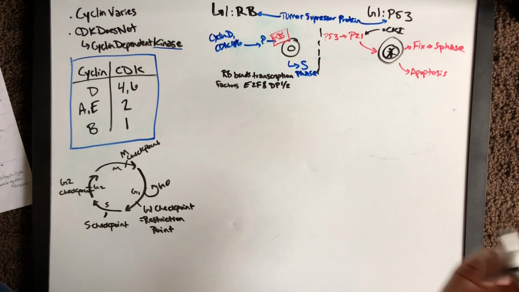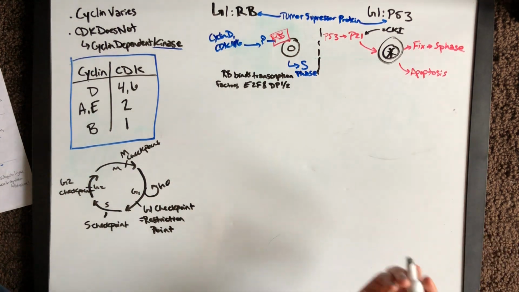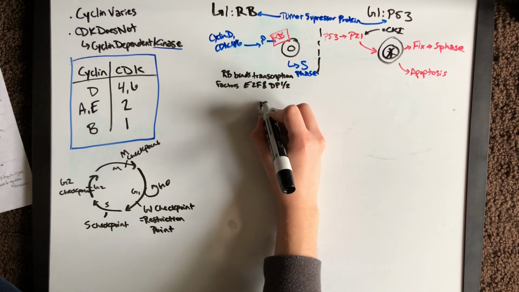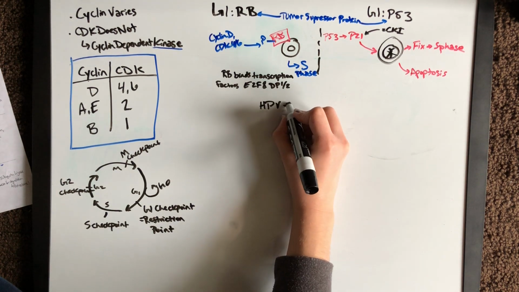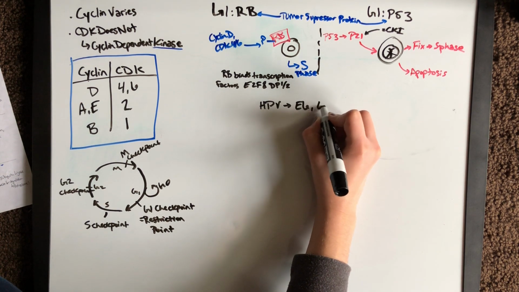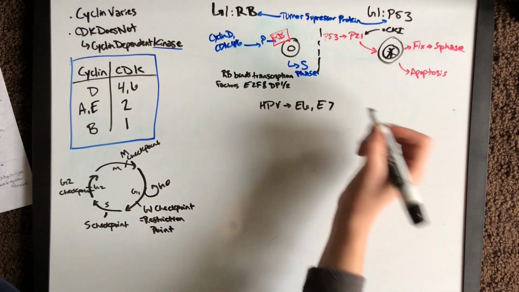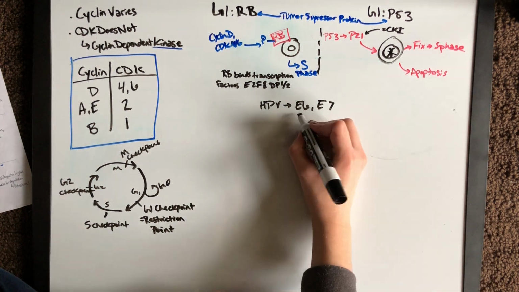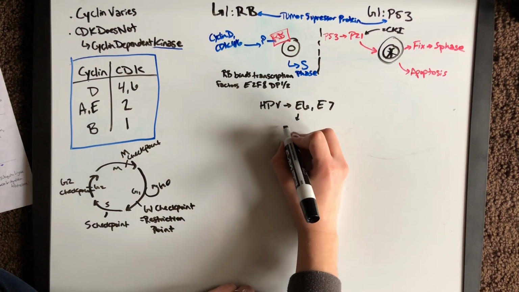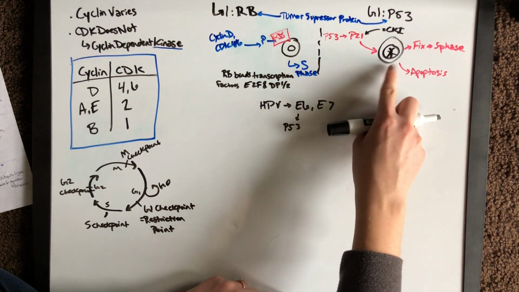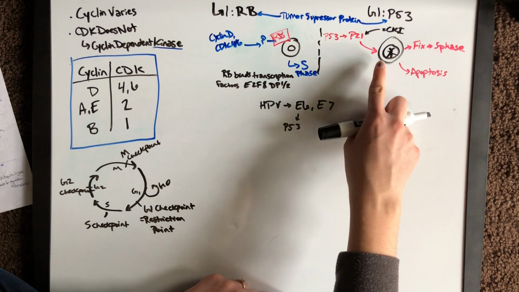Okay, so that's that. So if we have an HPV infection, that's going to make proteins E6 and E7. So those are going to go, and E6 is going to affect P53 so that we can't stop our cell and fix the DNA.